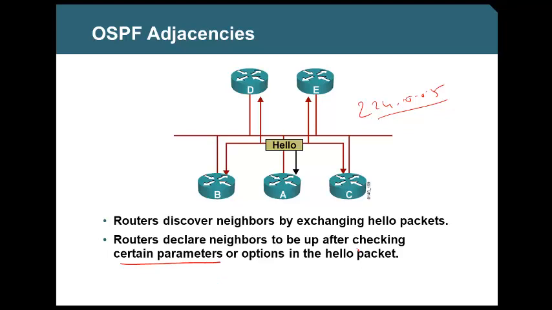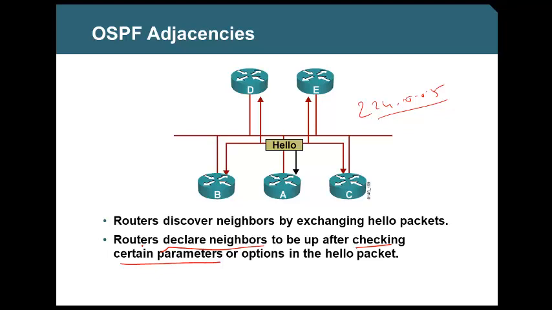A router which is connected is declared as a neighbor router. If the parameters don't match, no neighbor. What the parameters are is coming in the next chapter. Let us not get into it now.